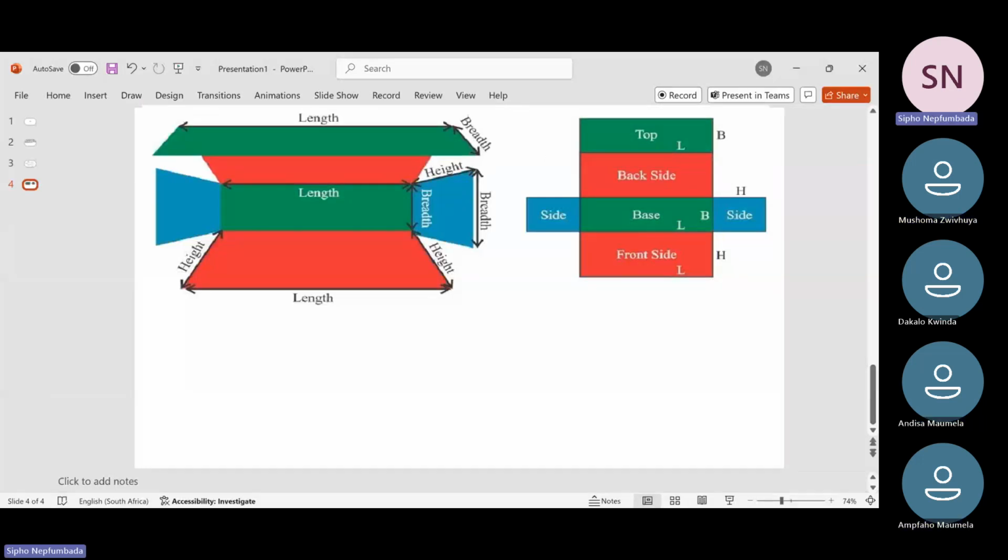Remember, we are talking about the surface area. I'm writing with my hand on my PC. The mark is no longer working nicely. Is it visible what I'm writing? Yes, it is. Okay, this is the area of the left side.